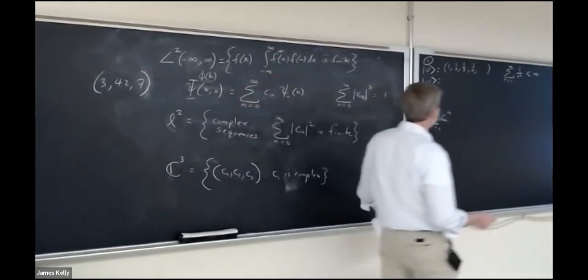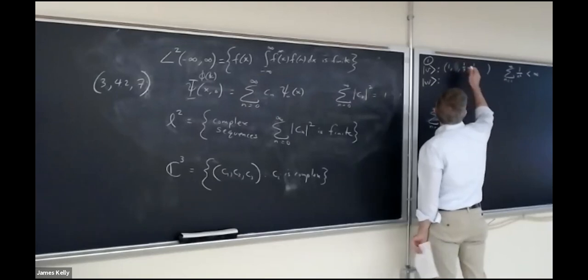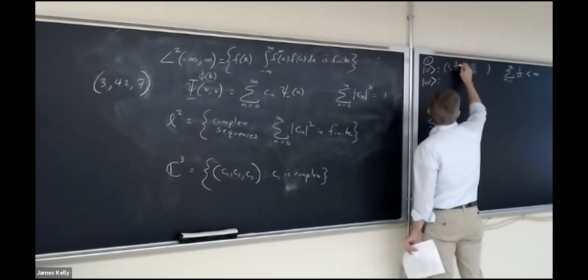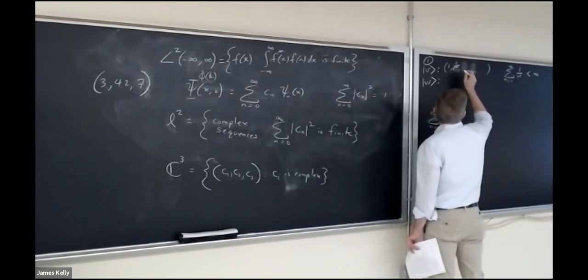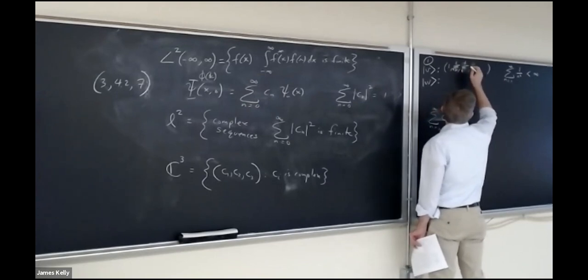There are lots of other things we could have done. If you like geometric series, we could have done something like this instead. Maybe 1 over the square root of 2, 1 over the square root of 4.